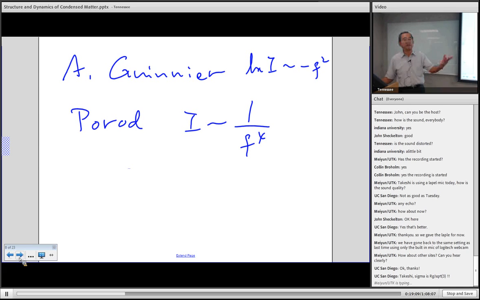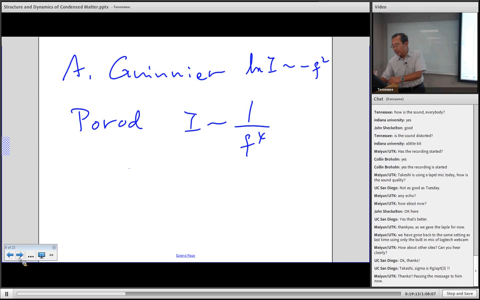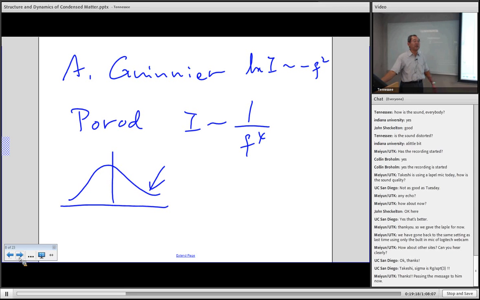so-called fractal behavior. In other words, if density follows some type of fractal behavior, like density is R to the n rather than R to the 3, in a case of 3 dimensions, right?